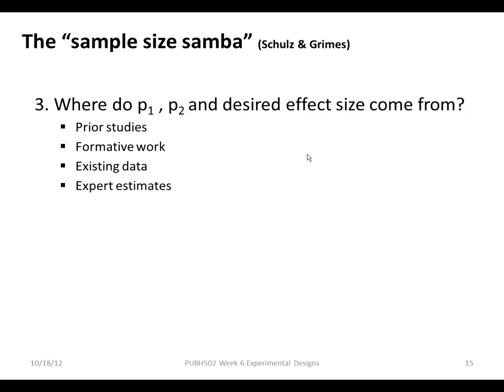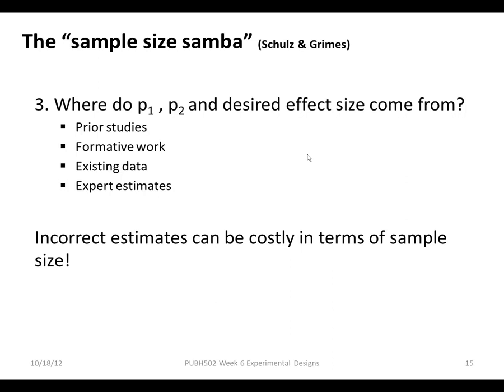Sometimes the desired effect size comes from, what would a funder or a Ministry of Health or an insurance company be willing to pay for? Are they going to need to see a 40 percentage point or a 50 percentage point jump in effectiveness in order to consider this new treatment cost effective or worth implementing? So sometimes there are external forces determining what's an acceptable effect size.